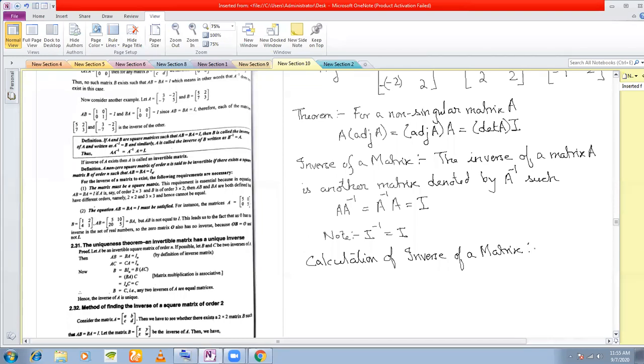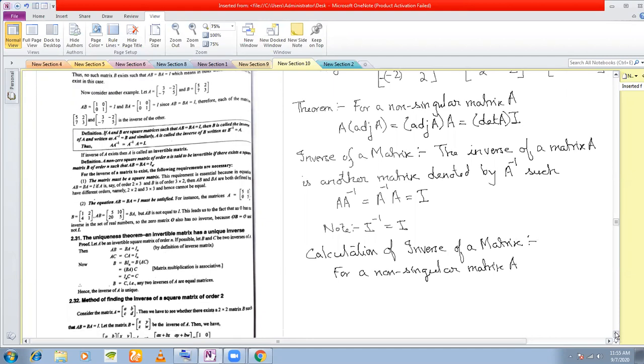How to calculate the inverse? Now from the theorem that I have given you, for a non-singular matrix A, what was the theorem?